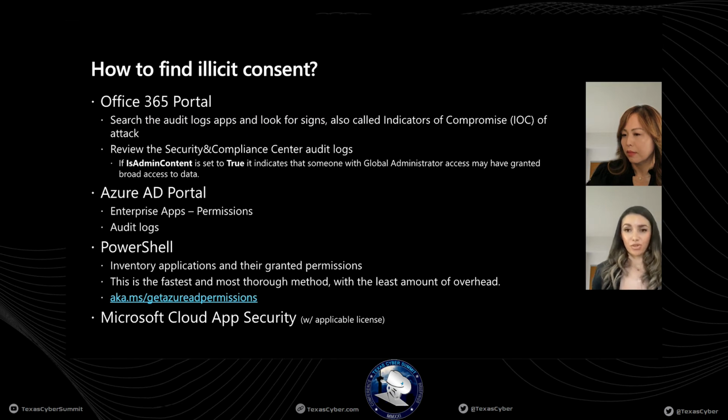So a few options. If you're mainly using Office 365, then probably the O365 portal is a good place to start, where you can look for what we call indicators of compromise, IOCs. A good place to start probably is admin consent is set to true. That means that there was a global admin that consented for that application.